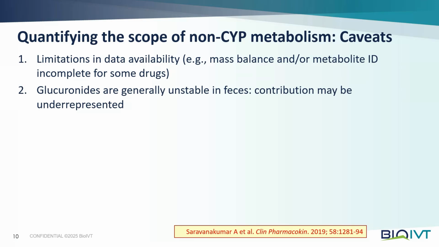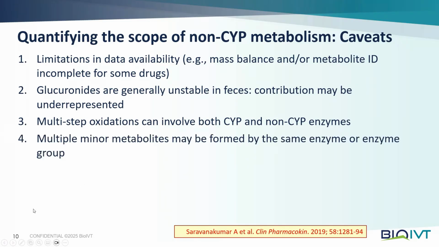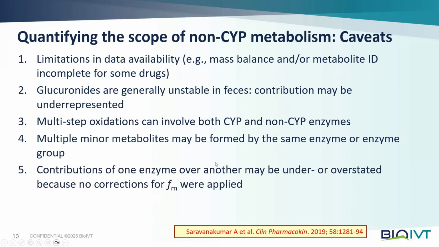In addition, multi-step oxidations that can involve both CYP and non-CYP enzymes, and multiple minor metabolites may be formed by the same enzyme or enzyme groups. So whereas individually, each enzyme may be a minor contributor, collectively they may be a large contributor, but that's underrepresented in these surveys. And then contributions of one enzyme over another may be over or underestimated because there's no corrections for the fraction metabolized being applied in most of these studies.